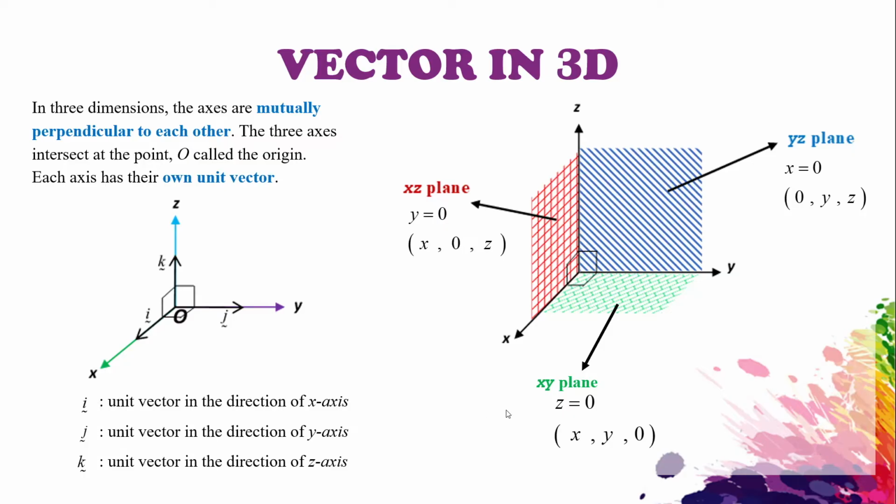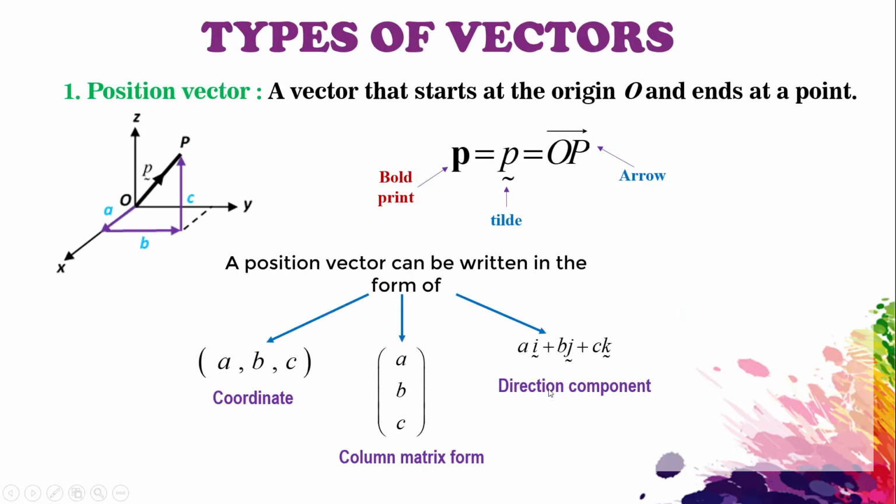Next, let's move to types of vectors. There are 5 types of vectors. Number 1, position vector. A vector that starts at the origin O and ends at a point. So from the given diagram, vector P starts from the origin O and ends at a point P. So vector P can be denoted as a bold letter P, or a tilde placed below the letter P, or with an arrow above the letters OP.